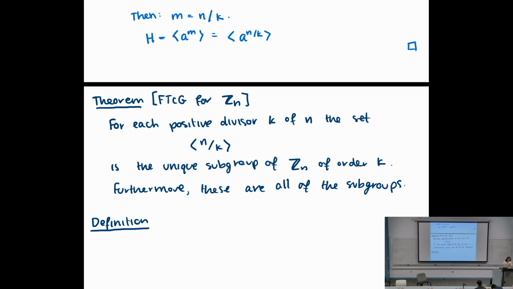This is going to give us a function, and that function will allow us to count the number of elements of a particular order in a group. So this is something called the Euler-Phi function.